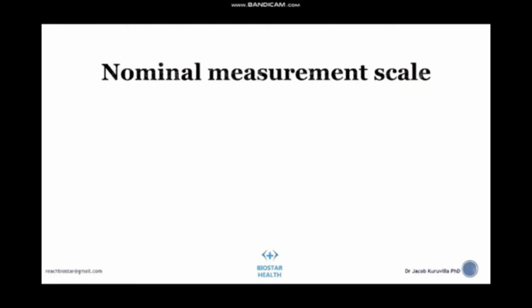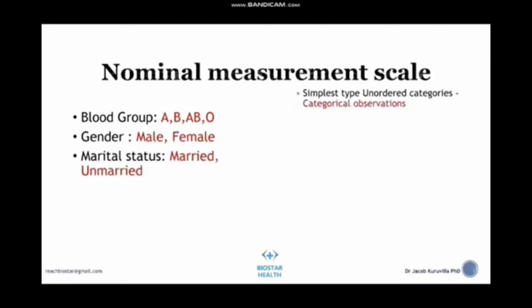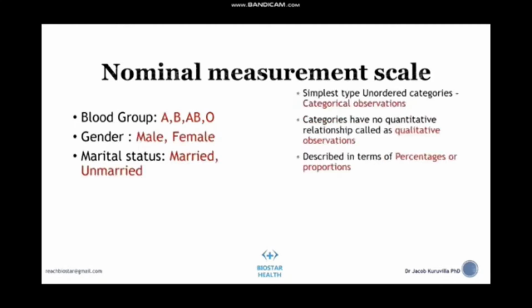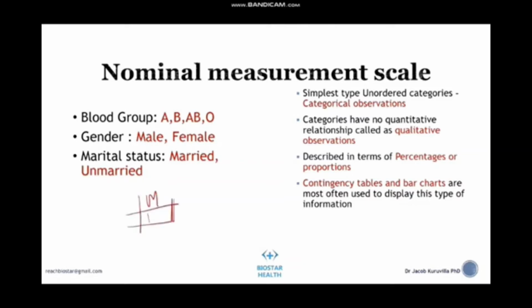Nominal measurement scale is the lowest scale. As the name implies, it consists of naming the observation or classifying the categories. We may come across collecting the information for gender, where there are two options, either male or female, or sometimes we may ask the response for blood group.